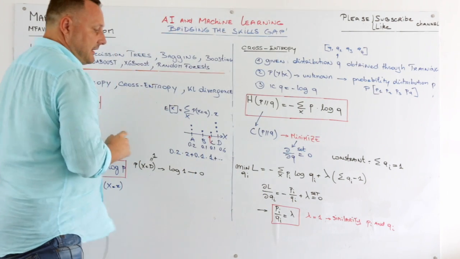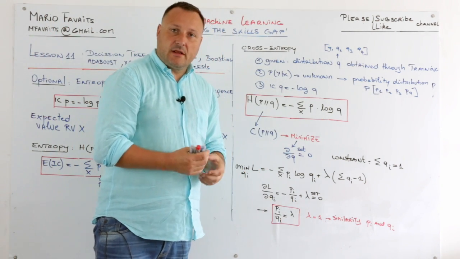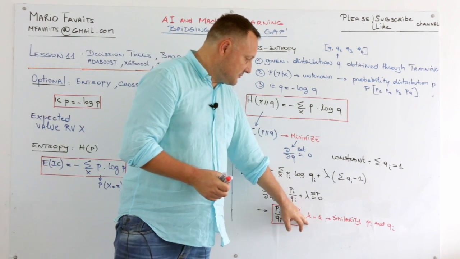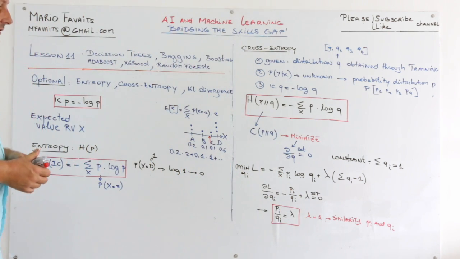So here it's very clear that you can calculate your lambda value, and the closer lambda is to 1, the more similar the distributions of pi and qi are.